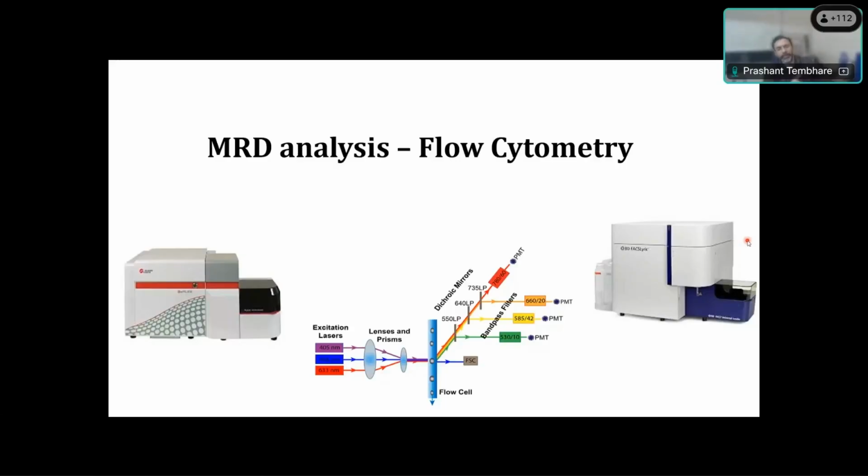The second one is the flow cytometry, where we can reach the sensitivity of 1 in 1 million cells. And third one is the NGS by using the clonoSEQ technique, which is already available, FDA approved, where you look at the IgG gene rearrangement which was present at diagnosis and monitoring. So these are the three sensitive techniques which are used for the MRD monitoring in myeloma.